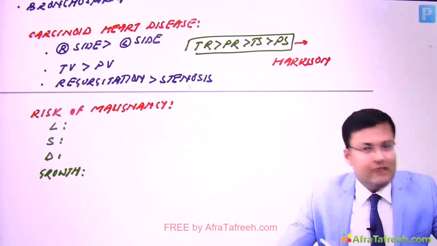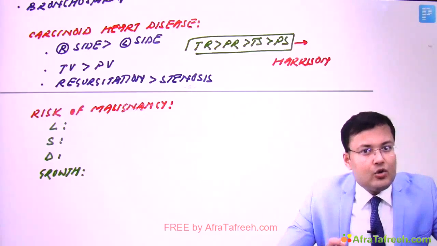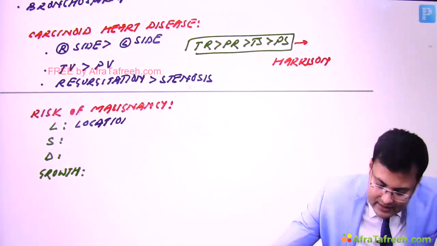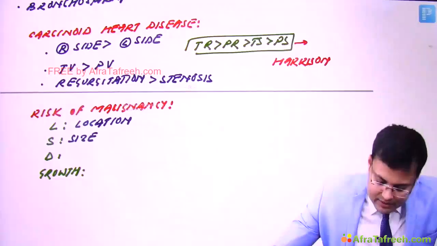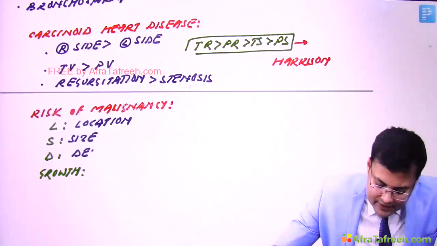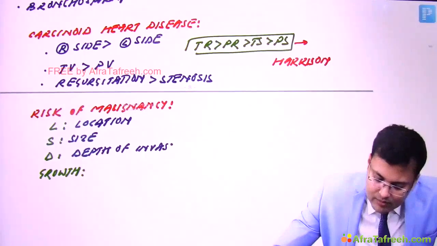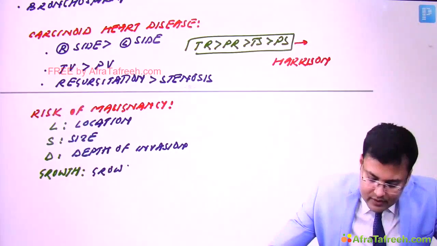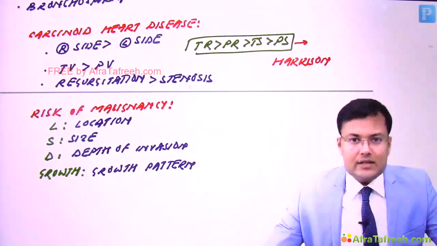First, L we discussed, localized and non-localized, dependent on location, so it's location. S is size. D is depth of invasion. And growth, that's the growth pattern of the tumor. Clear? So these are the basic things related to carcinoid tumors.